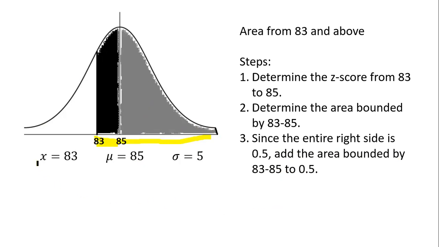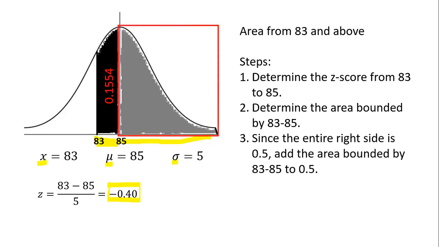So using these values of x, mean, and standard deviation, we can identify now our z-score. That is negative 0.40. And the corresponding area for the z-score is 0.1554. Here you go. So we simply add this with the entire right side, which is equivalent to 0.5.